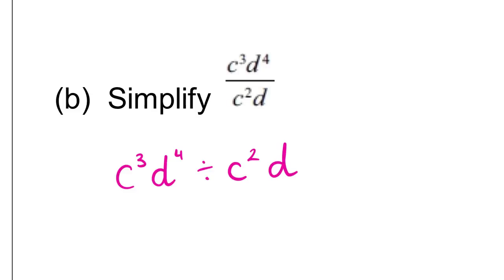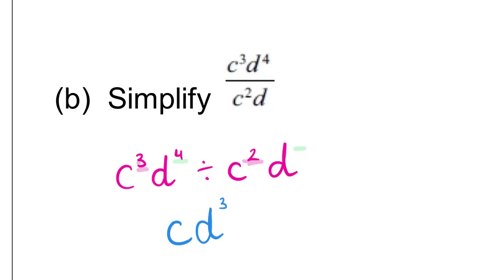Like, I know c cubed, when we divide and they have the same base, we get 3 minus 2, which is 1. So that becomes c to the 1, but that's the same as c. And then 4 minus, if there's nothing with the d, what's technically there? A 1. So 4 minus 1 is 3. So this becomes c d cubed. Okay?